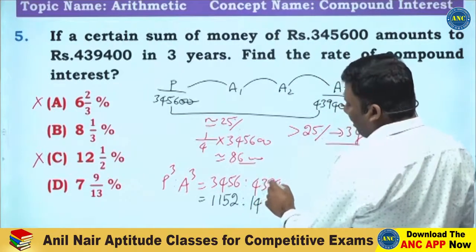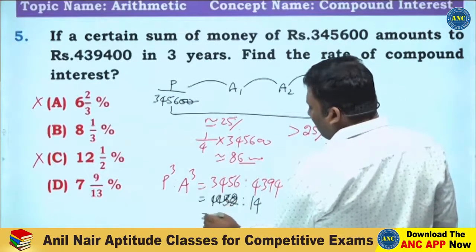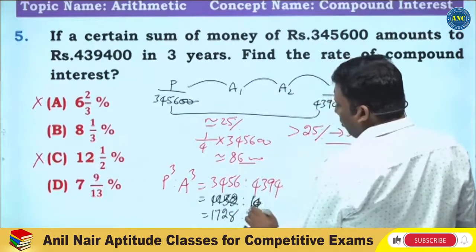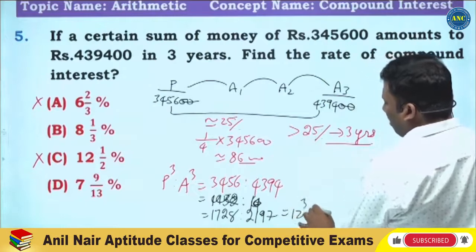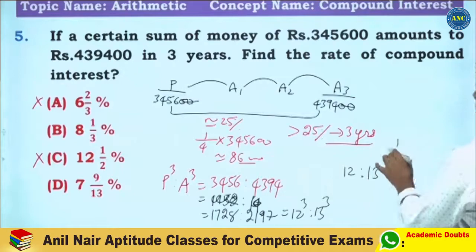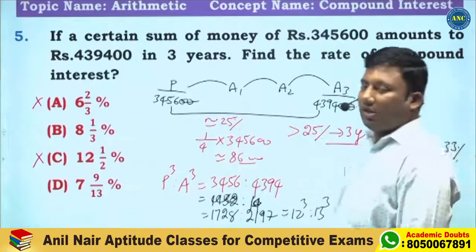No. So what we will do is, we will do it with 2. This will become 1728 is to 2197, which is 12 cube is to 13 cube. 12 is to 13. 1 by 12. The answer is just close to 8.33 percentage. That is what I did.